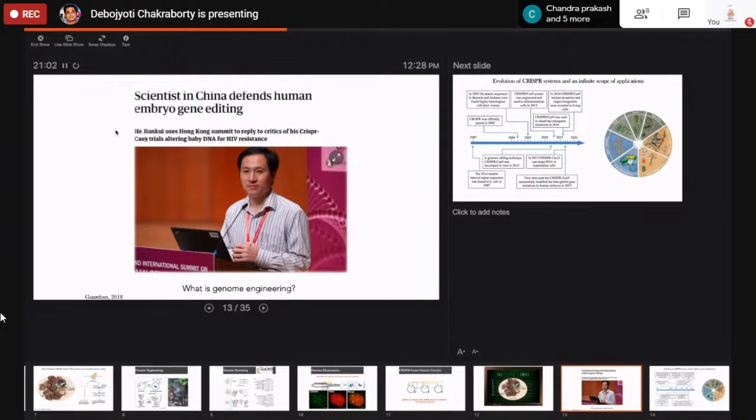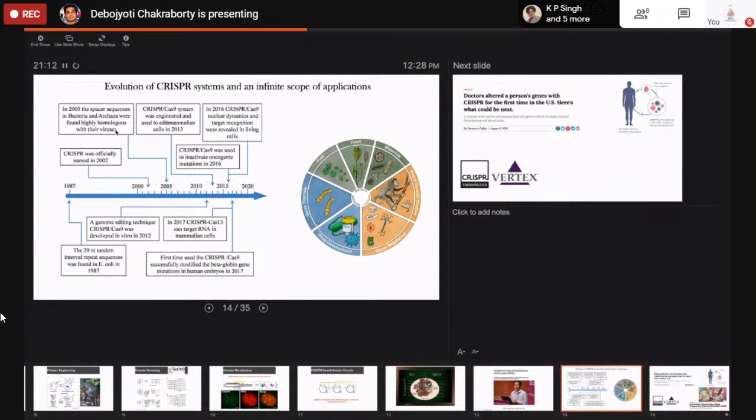There are some drafts of regulations as to who owns the rights for actually editing human genome in the embryo and so on. But needless to say, the scope of applications for CRISPR are actually infinite, because it's there in almost every field, whether it's material sciences, in food, in gene regulation, drug development, gene therapy, etc.